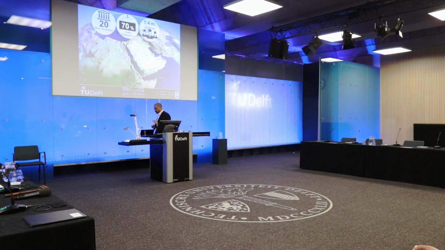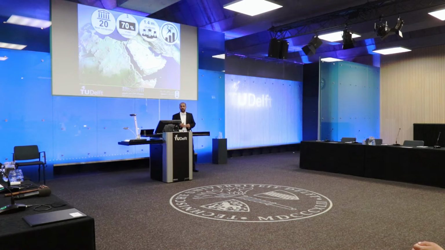Now, the 20 new universities mean that 70% of higher education facilities in Saudi Arabia are still under construction at the moment. We have in the system 1.4 million students in public universities, and we expect the capacity to increase up to 2 million students once we have all this infrastructure finished.